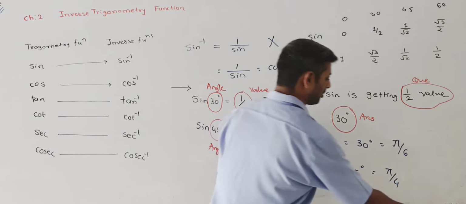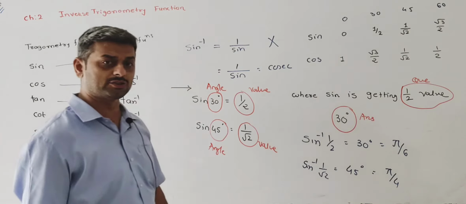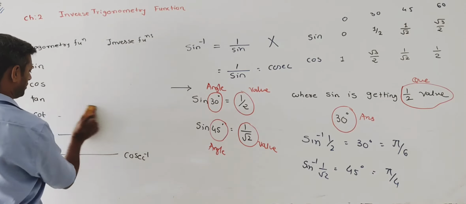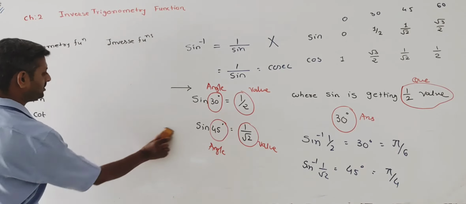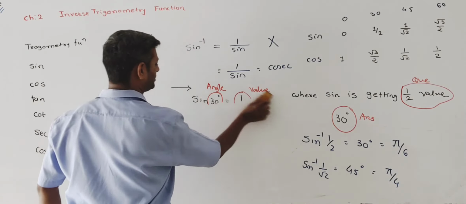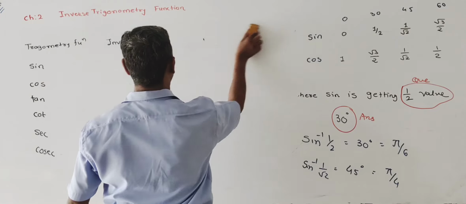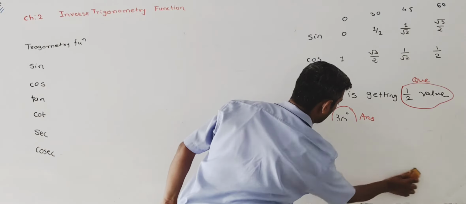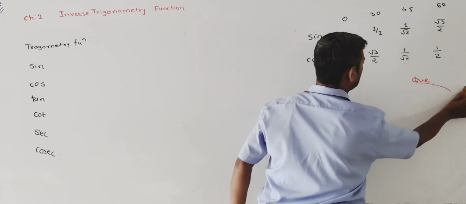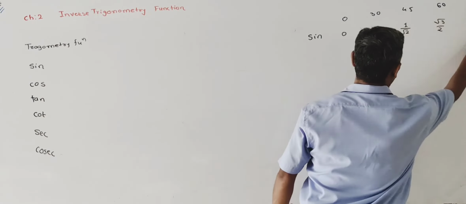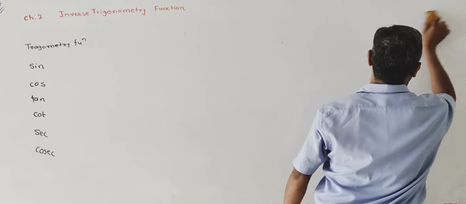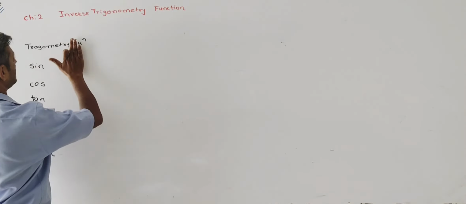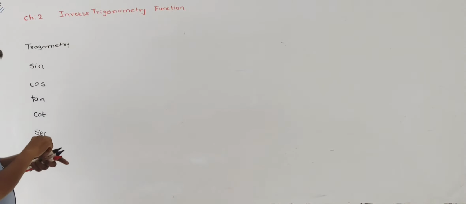Now for detail, you have to see the domain and range of trigonometry functions, and from that domain and range you are going to get the domain and range for inverse functions also. So first of all, we are going to see the domain and range of trigonometry functions.